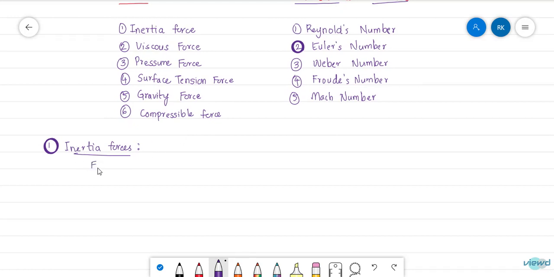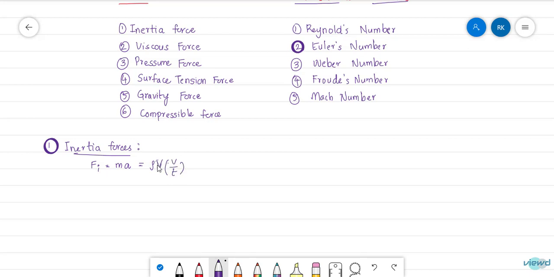We know that inertia force is equal to mass into acceleration, rate of change of velocity, that is acceleration. Now m can be written as rho into volume, into acceleration. Acceleration means velocity by time.